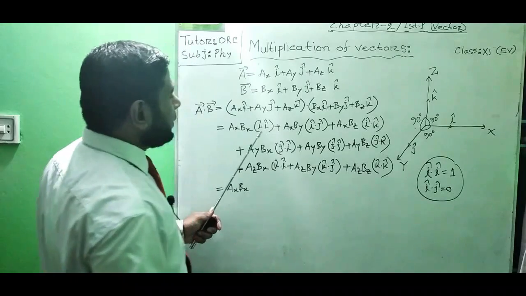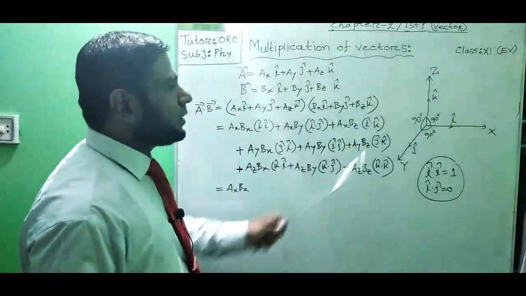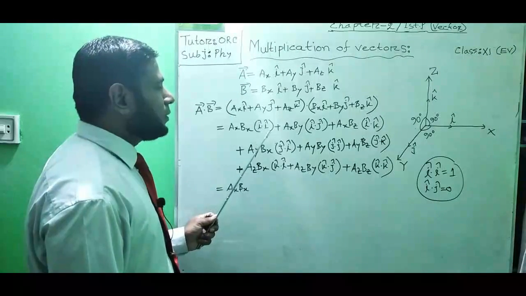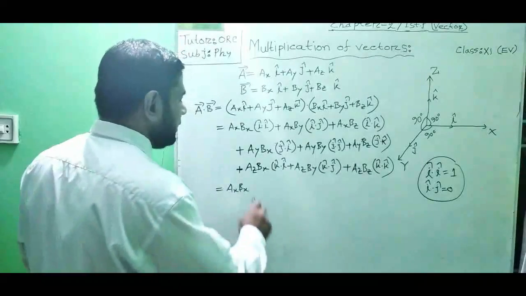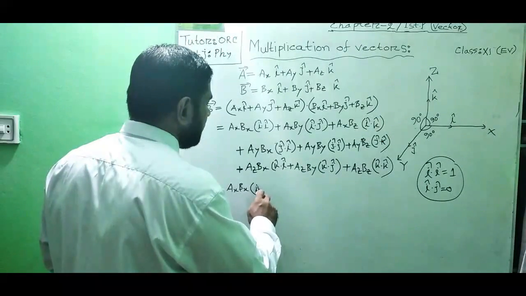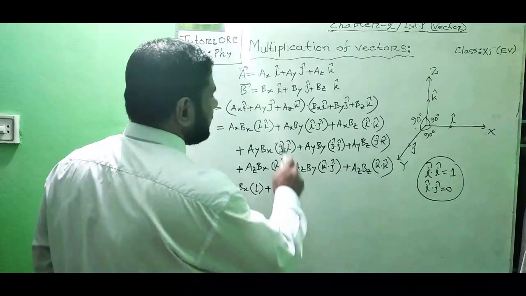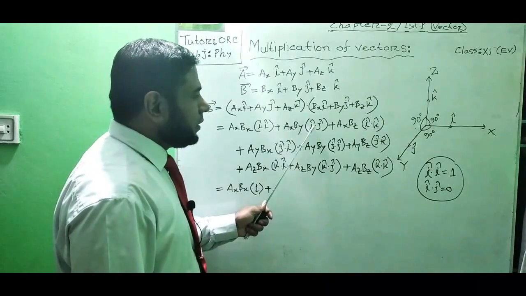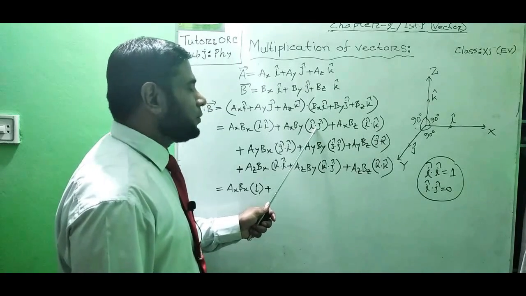Now which will be the value of î·î? We know that according to the dot product of two unit vectors, when the unit vectors are the same, the value must be 1. So here the value is 1. Again, aₓbᵧ is a scalar quantity, and î·ĵ, we know the value must be 0.